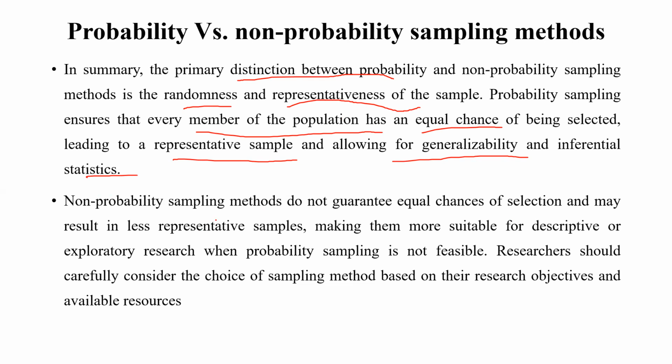And non-probability sampling methods do not guarantee an equal chance of selection and may result in less representative samples, making them more suitable for descriptive or exploratory research when probability sampling is not feasible. Researchers should carefully consider the choice of sampling method based on their research objective and available resources.